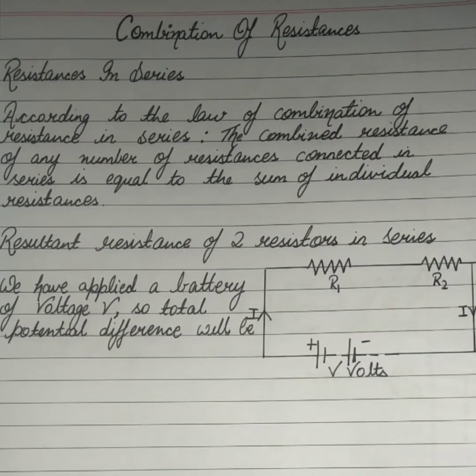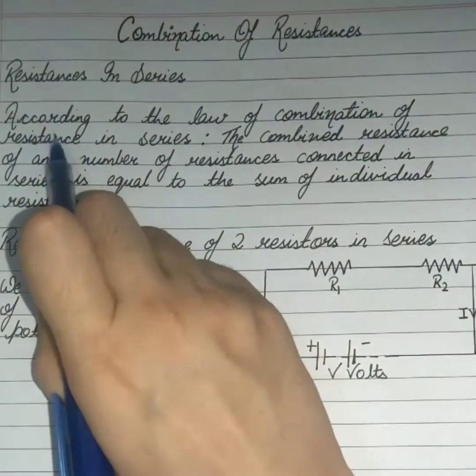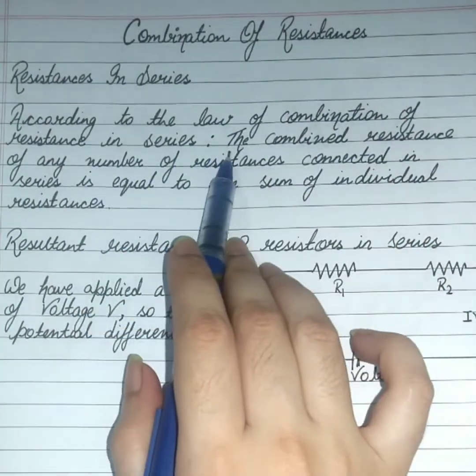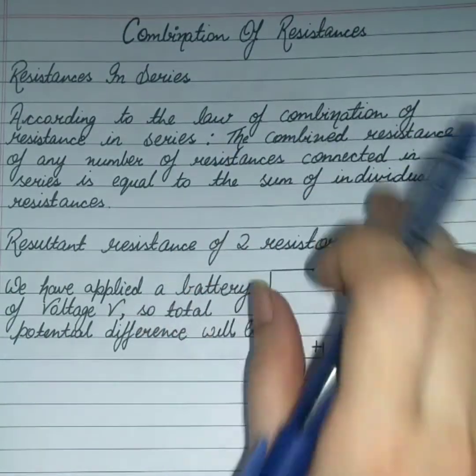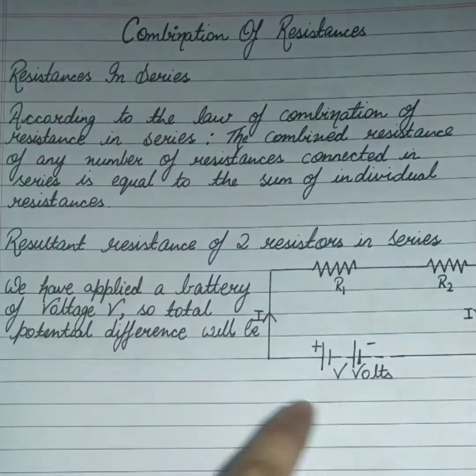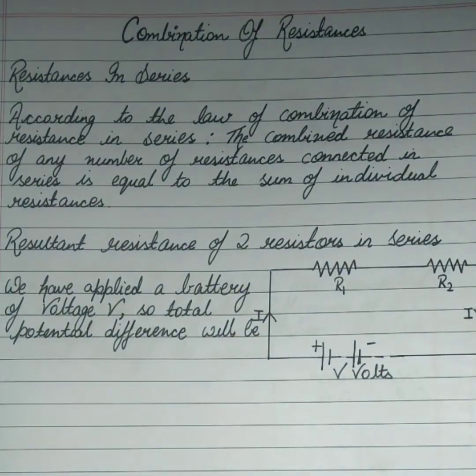Today, we will be moving ahead with the combination of resistance in series. According to the law of combination of resistance in series, if I ask you to find the combined resistance of this circuit, how will you find it out?